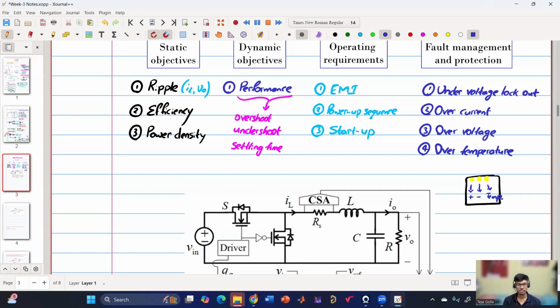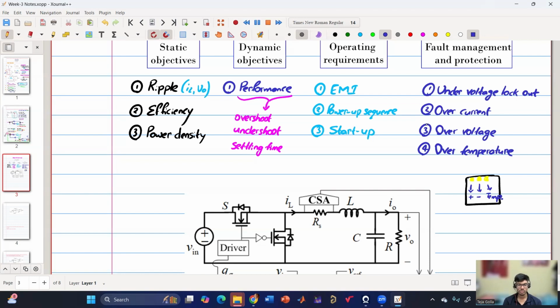So fault management protection is very, very important for protecting the device, laptop, phone, and everything, where you need over current, over voltage, over temperature, as well as under voltage protection, so that the device will not get damaged. And this is very important with the way technology is growing.